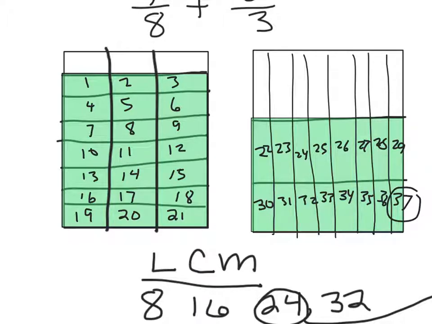So 37, and those are 24ths. 37 24ths is your answer.